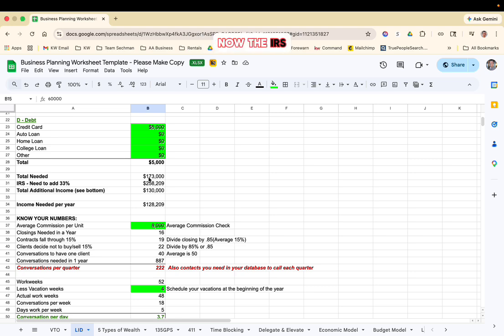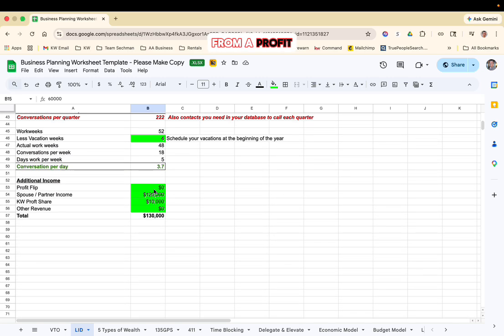Now the IRS is going to obviously take 33% of your income. So we've calculated that in as well to give us a total of $258,209. Your total additional income is actually at the bottom. This would be income from a profit flip, spouse or partner income, could be KW profit share income, or other revenue from additional sources.